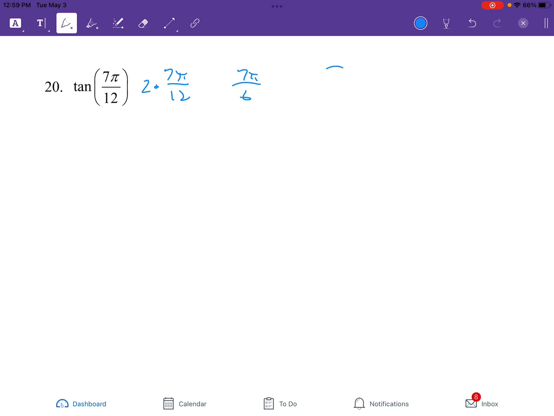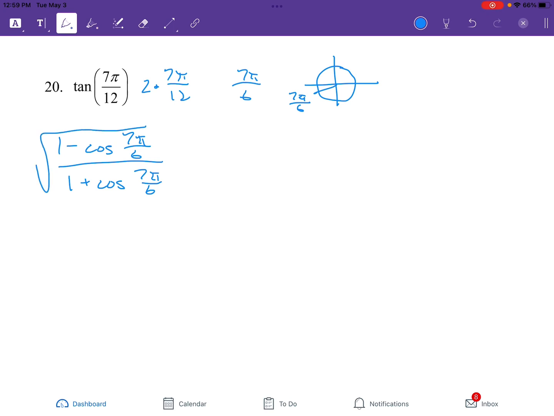I'll draw our little unit circle here. So 7 pi over 6 is right about here. Okay, so now we're putting that value into our formula. So we have 1 minus cosine of 7 pi over 6 divided by 1 plus cosine of 7 pi over 6 with the big square root.